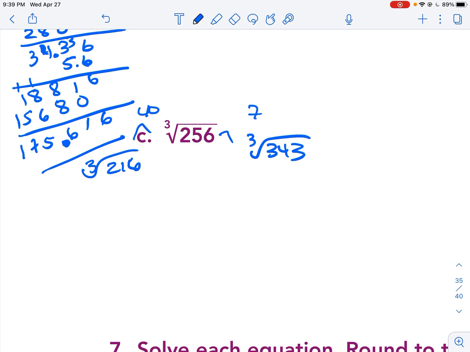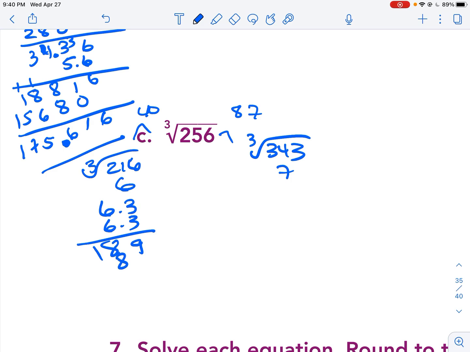I can't even do this in my head tonight. 343 minus 256. 87. Oh, it's going to be much closer. Not even halfway. So much closer to the 6. So I want to say 6.3.